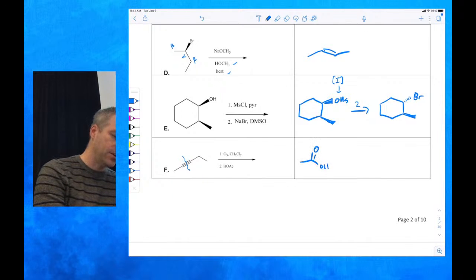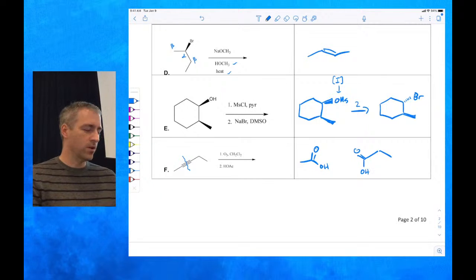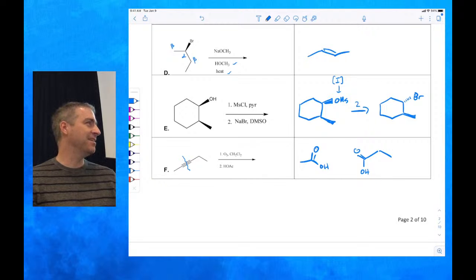So on the left side, you get that. On the right side, you get 1, 2, 3 carbons. Something like that. So the only purpose of the second step, that acetic acid, is to, well, it's actually funny that acetic acid is added, since acetic acid is one of your two products.